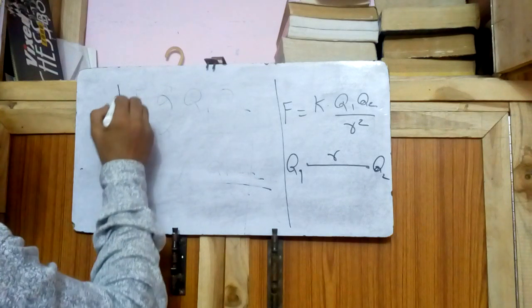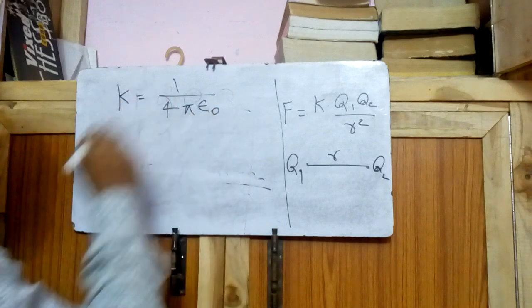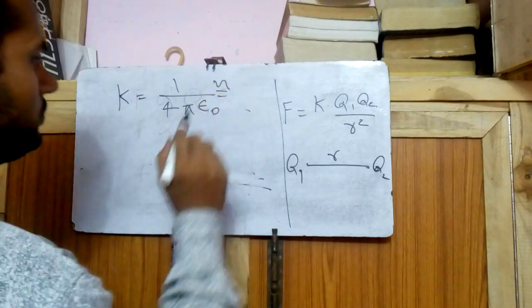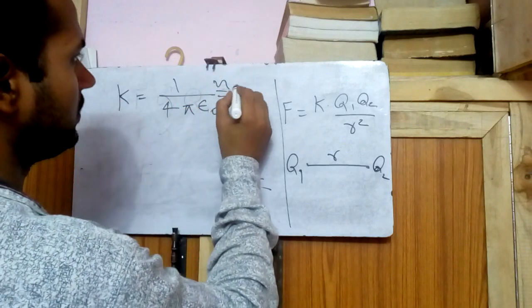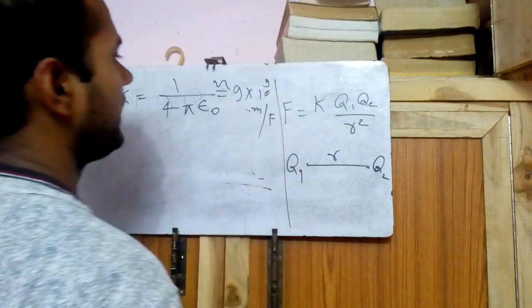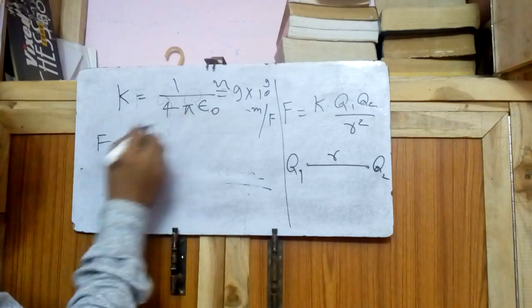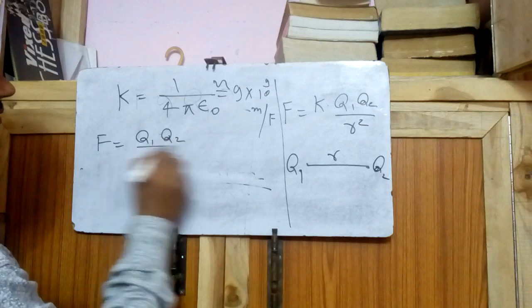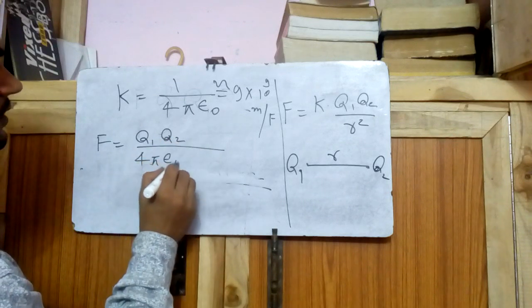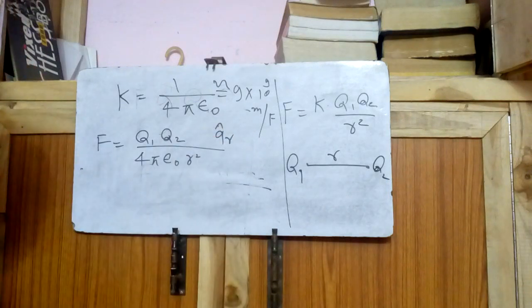K is equal to 1 upon 4 pi epsilon naught, which is about 9 into 10 power 9 meter per farad. So we can write F is equal to Q1 Q2 upon 4 pi epsilon naught R square in AR direction.